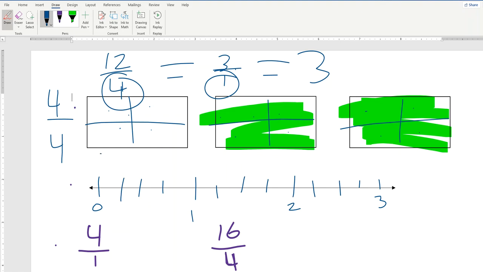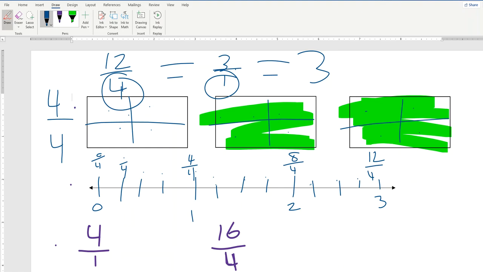And I would have 0 fourths, 1 fourth, 2 fourths, 3 fourths, 4 fourths, 5 fourths, 6 fourths, 7 fourths, 8 fourths, 9 fourths, 10 fourths, 11 fourths, 12 fourths, okay? And typically we would label all the lines, but I don't want to take 10 minutes labeling a number line.